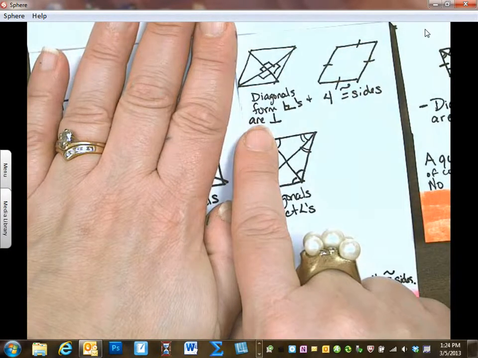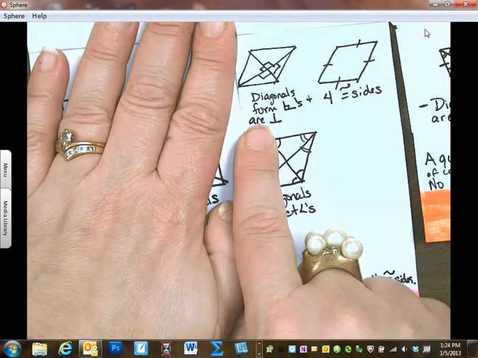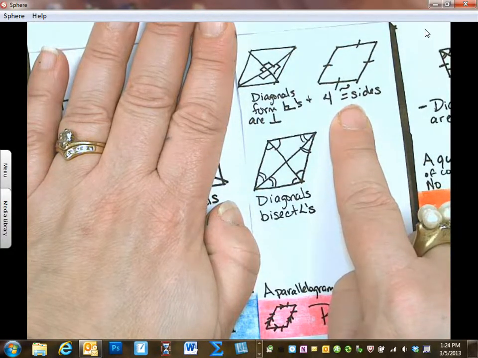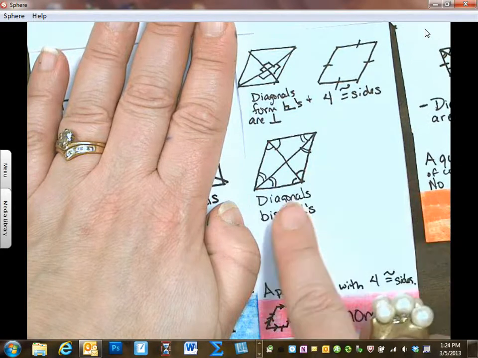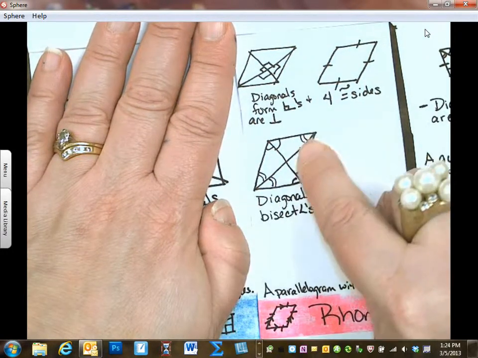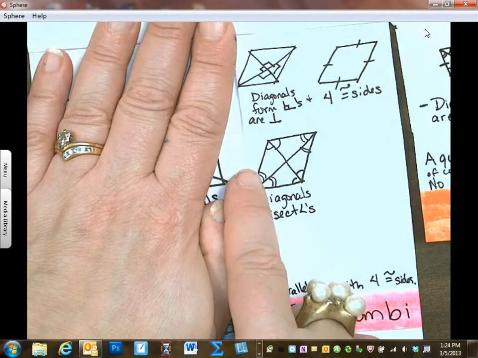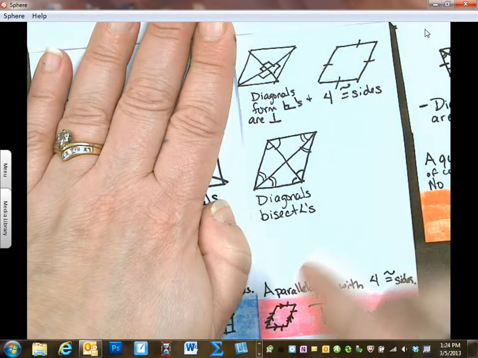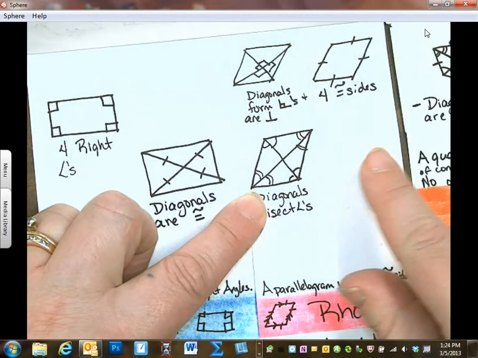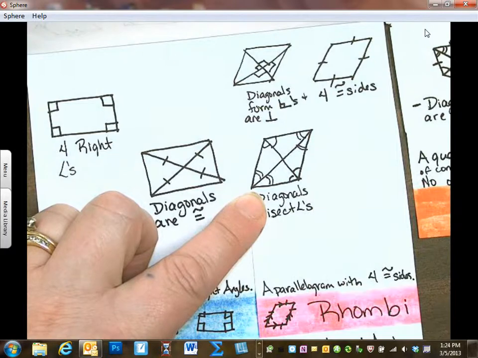In a rhombus, my diagonals form right angles and are perpendicular. We know all four sides are congruent and that the diagonals bisect the angles. So this diagonal cuts each of those corner angles in half. But remember, my opposite angles are congruent back from the parallelogram, and that still applies here.